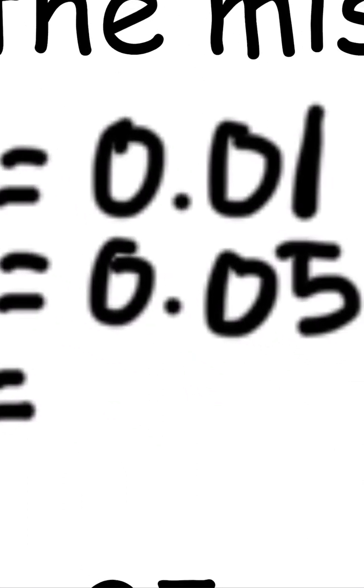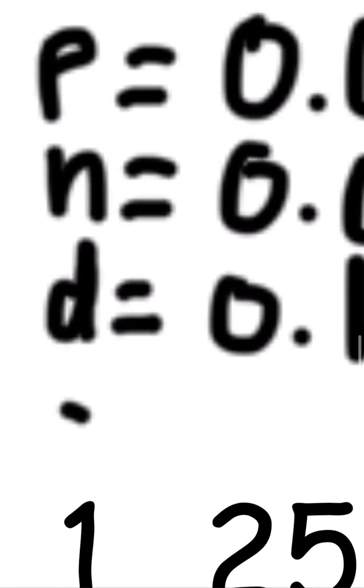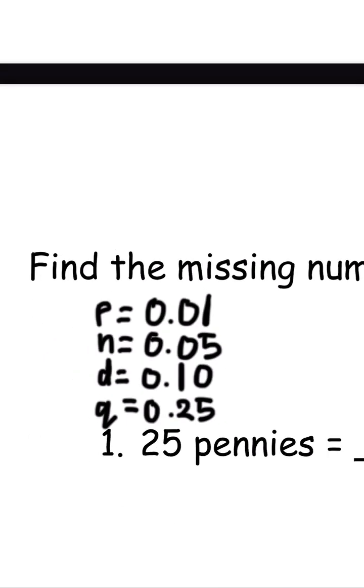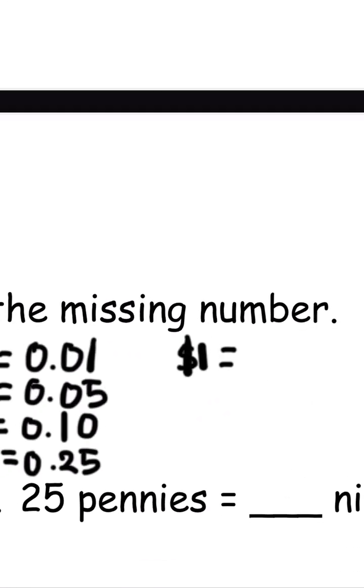And a dime is going to be 10 cents, so 0.10, and a quarter is going to be 0.25, so 25 cents, and a $1 bill is going to be $1.